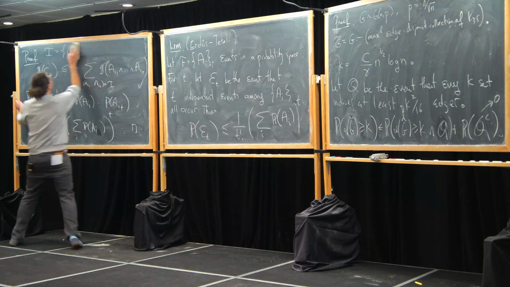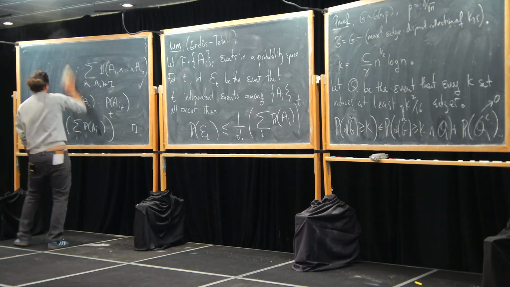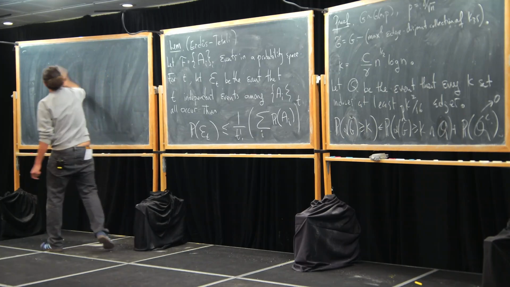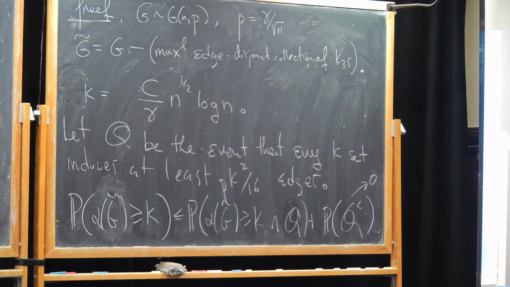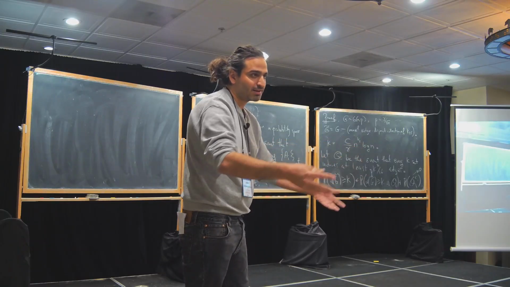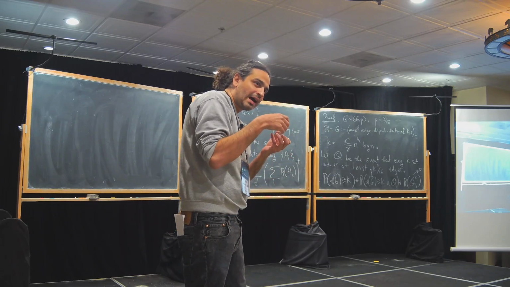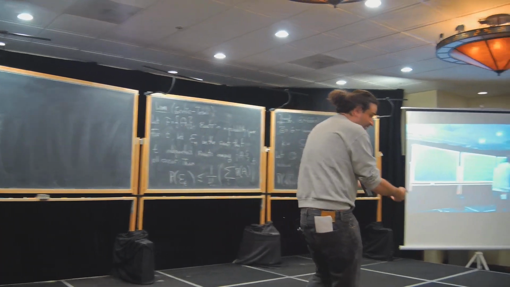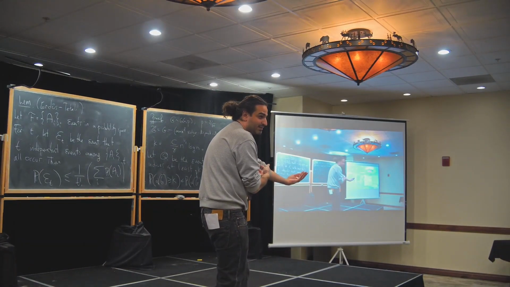Let's go here. And again, we'll just do this by a union bound. This is a very common thing that you'll see: when you want to do a big union bound over a lot of events, in some sense you need to say something about much, much rarer events, because the probability of an event is fighting against the number of such events.